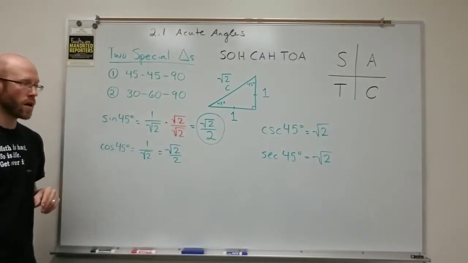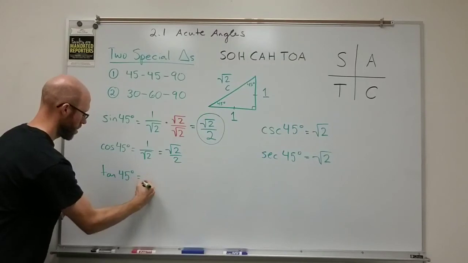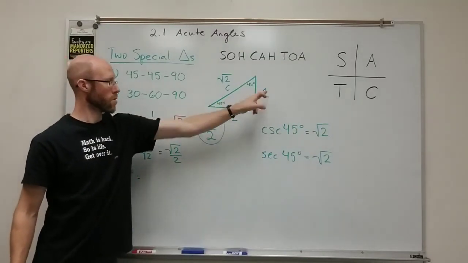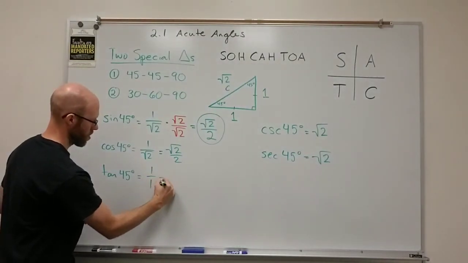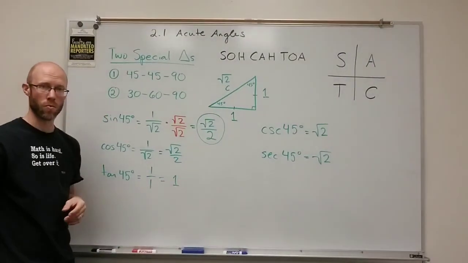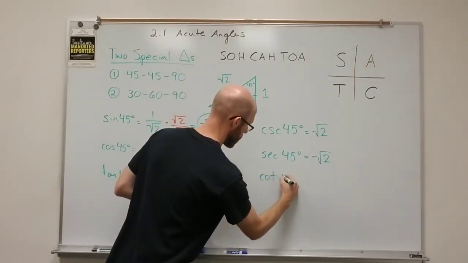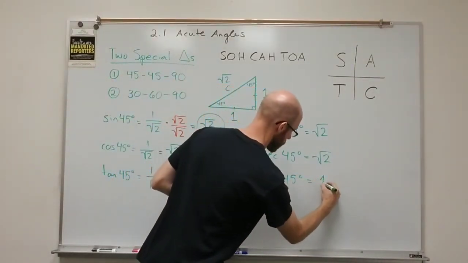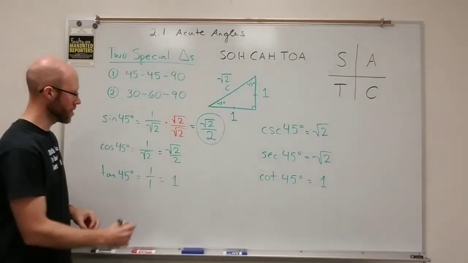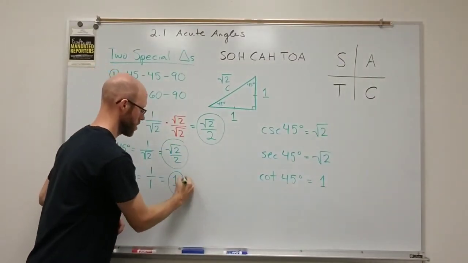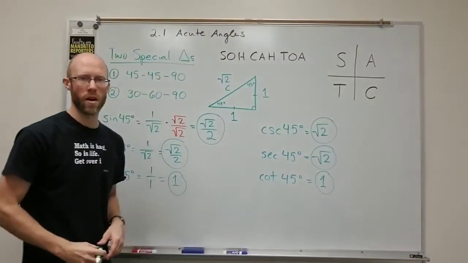Okay. And then finally the tangent. The tangent is opposite over adjacent, so it's 1 over 1, which of course reduces down to simply 1. Its reciprocal, which is the cotangent, is also 1. The reciprocal of 1 is 1. Okay, so that gives us all 6 trig function values for the 45 degree angle.